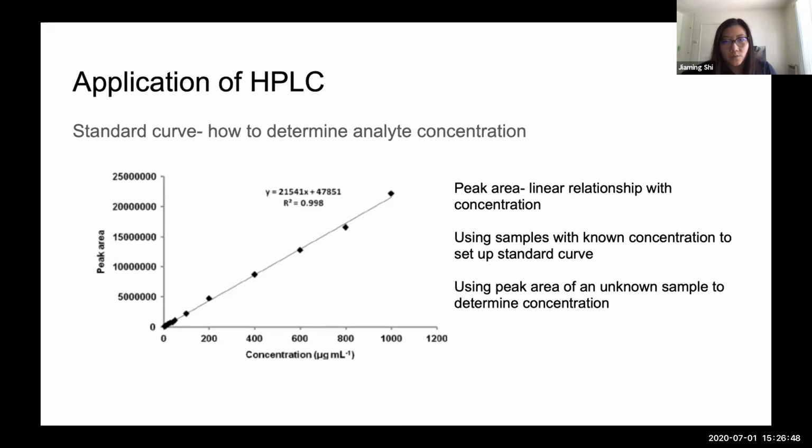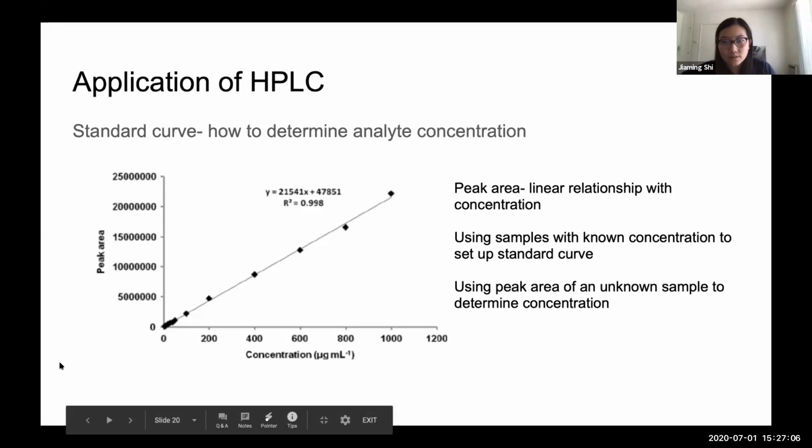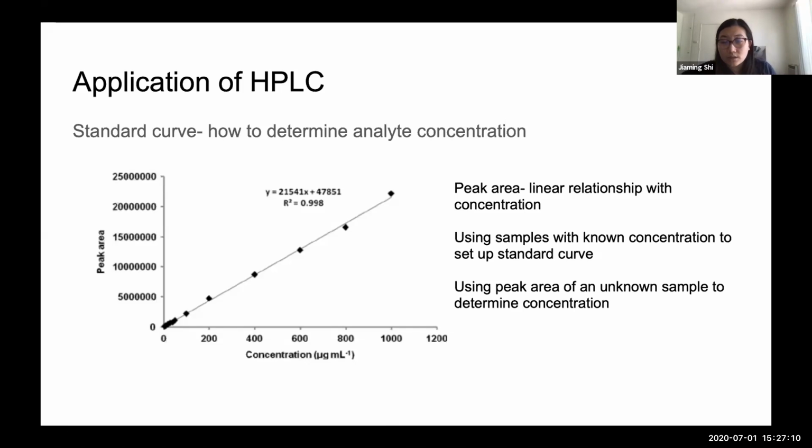And then the response we get for each sample is called a peak area. So we plot the peak area against the concentration, and we should get a line across the origin, like shown in this graph. It should be a perfectly linear line because the peak area should be in a linear relationship with the concentration.